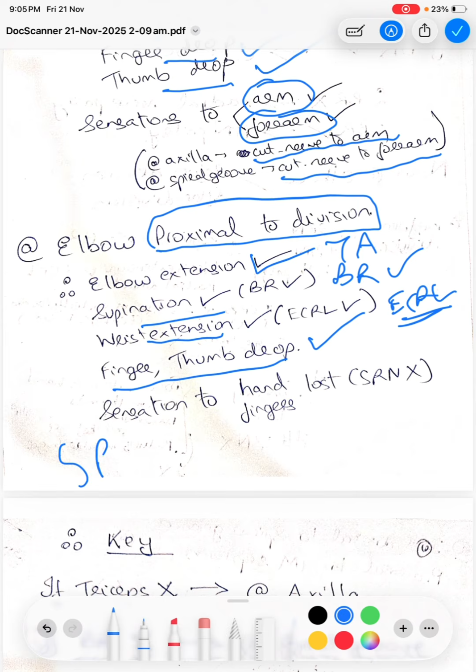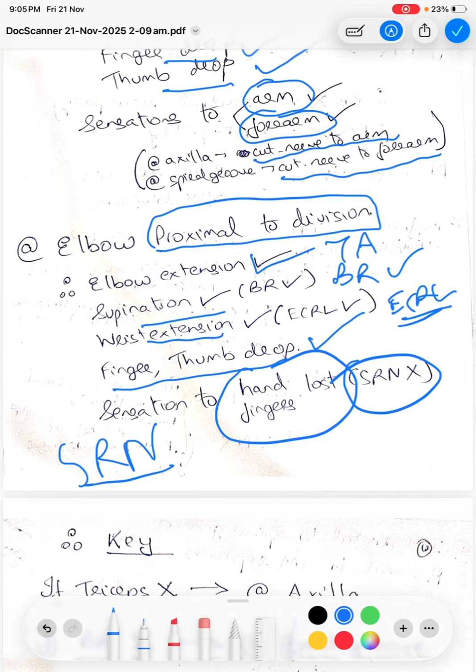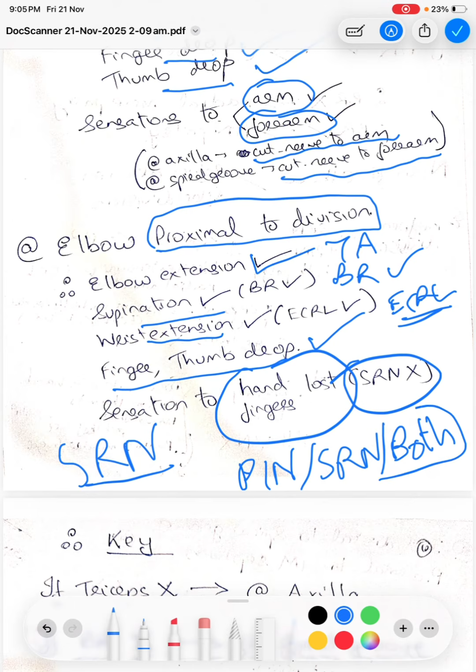So the sensory supply of the superficial radial nerve at the hand and finger is also lost. Okay, so this is how you differentiate whether it is posterior interosseous nerve palsy, superficial radial nerve palsy, or both. Whenever the lesion is proximal to the division, the PIN motor supply is gone.